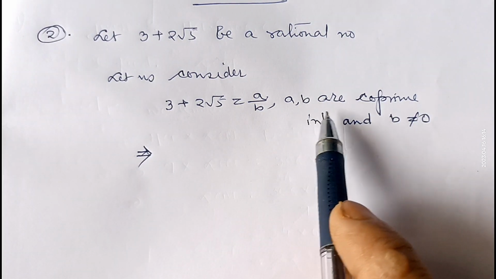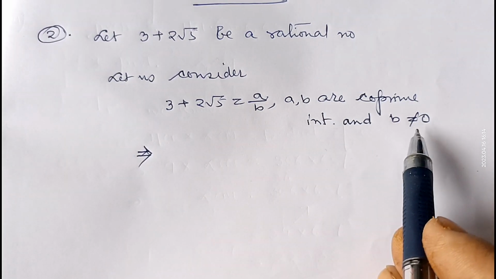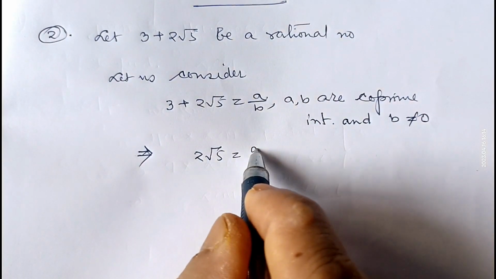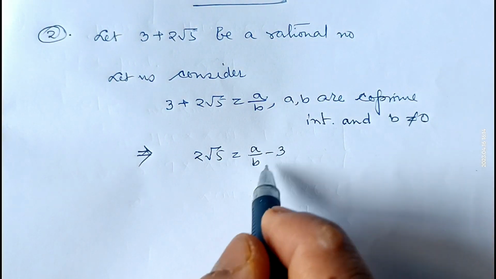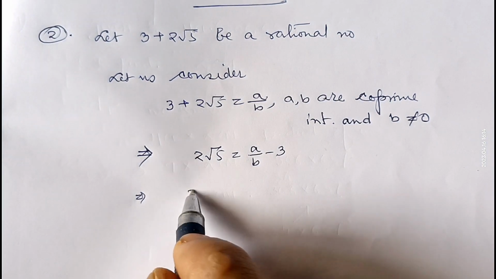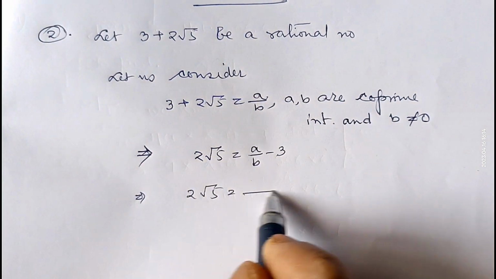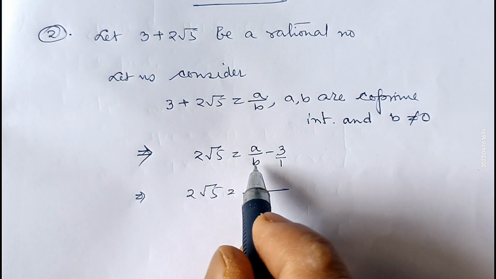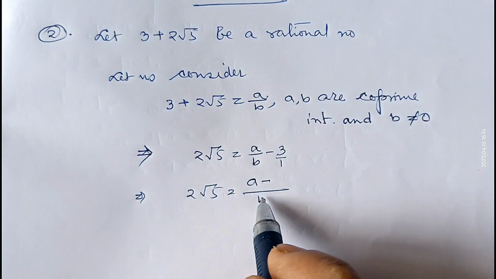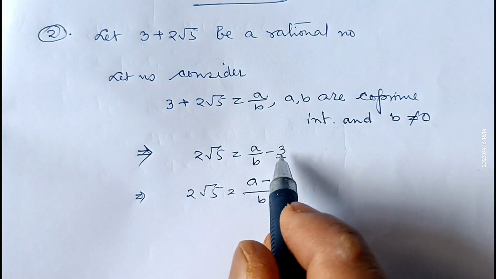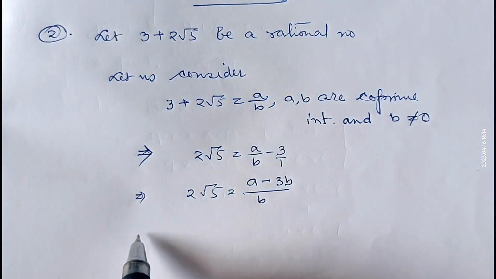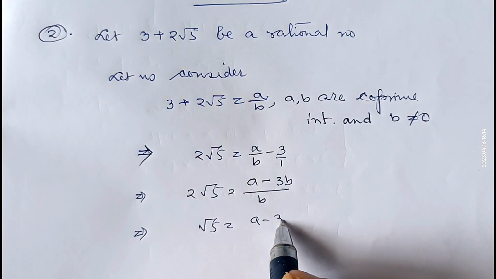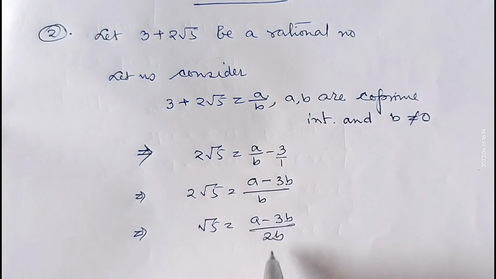Here a and b are co-prime integers and b not equal to 0. Now 2 root 5 equals a by b minus 3. So 2 root 5 equals a minus 3b divided by b. So root 5 equals a minus 3b by 2b.